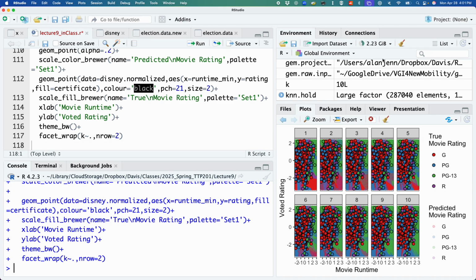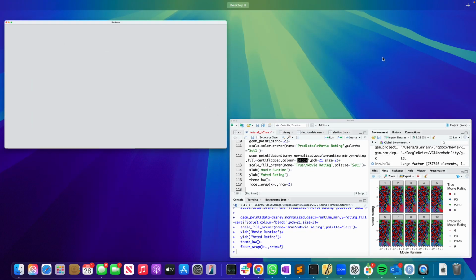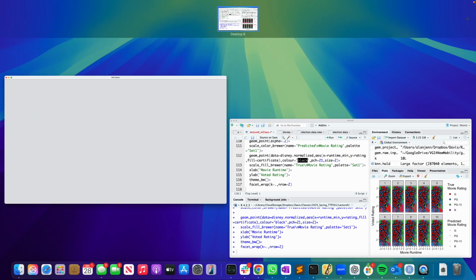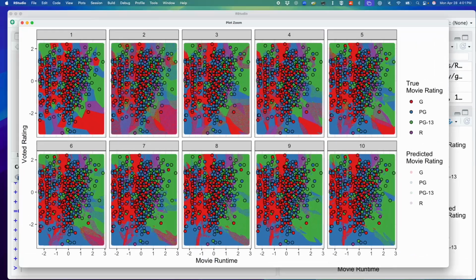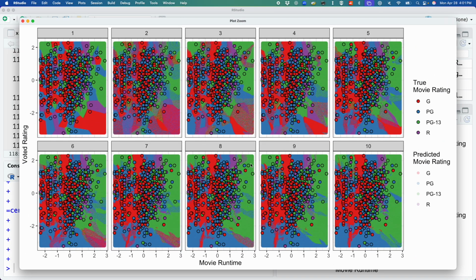K equals 2, 3, yeah. It's messy, and these will converge to the plot that you saw before. Eventually it will just converge to one color, right? But you have a massive error.